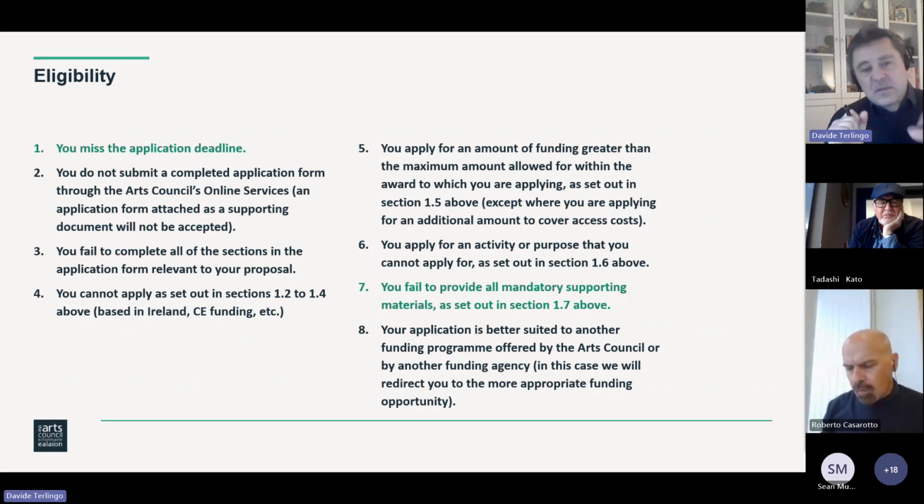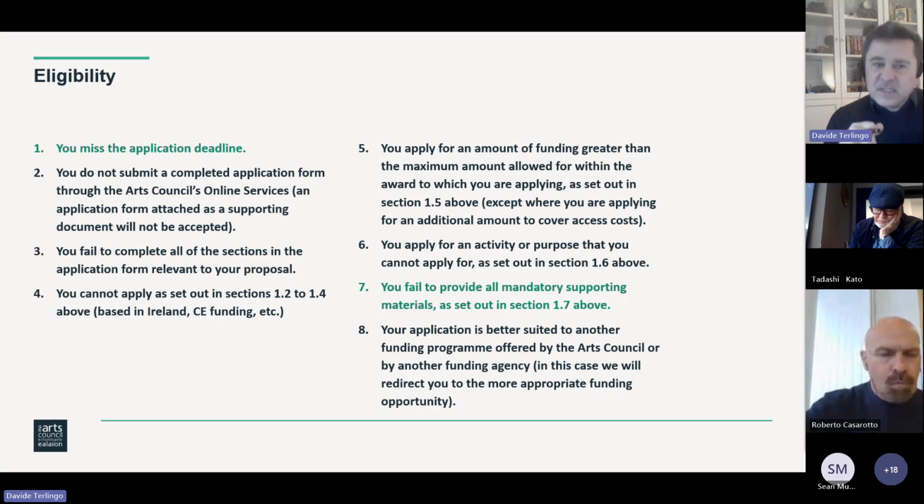Of course, if you do not meet the eligibility criteria that I listed before, I am not going to go through them, but this list of eligibility is included in the guidelines anyway, so you can look at them in more detail. Also important, if you apply for more than the maximum amount allowed, which I discussed before under Strand 2 or Strand 1.